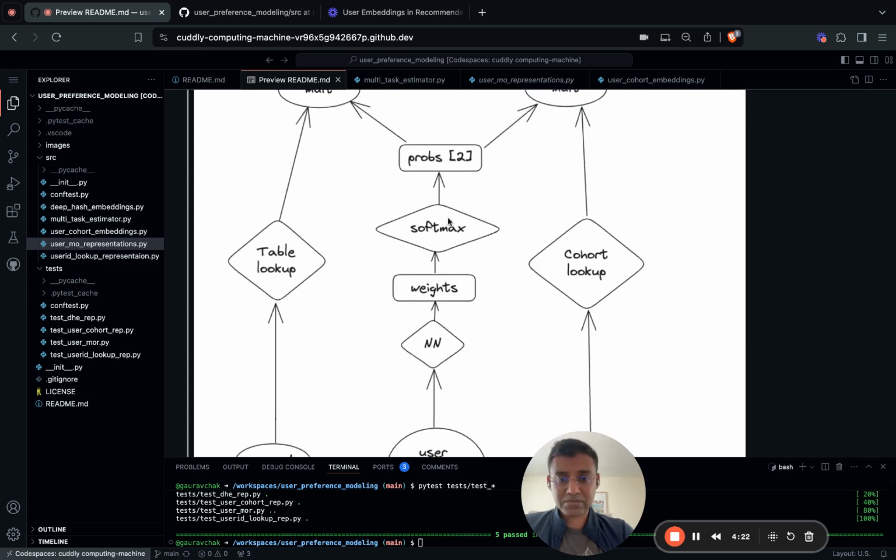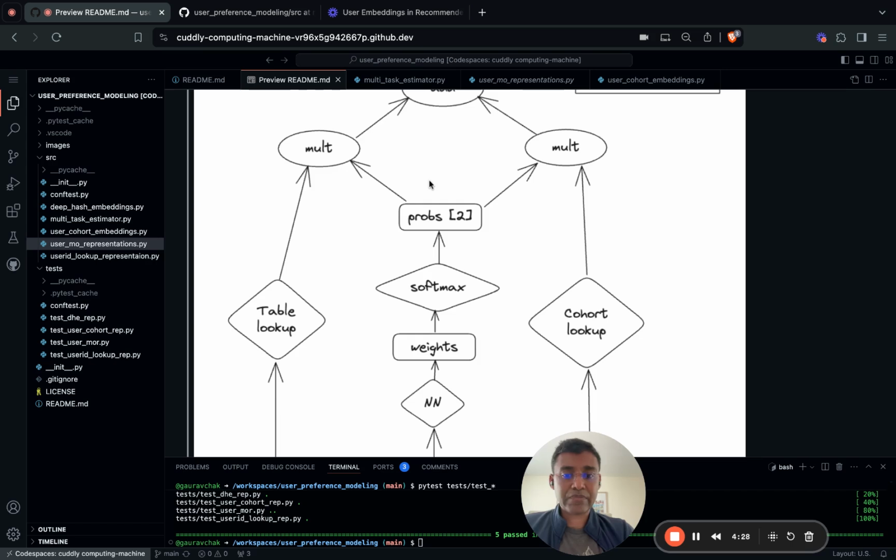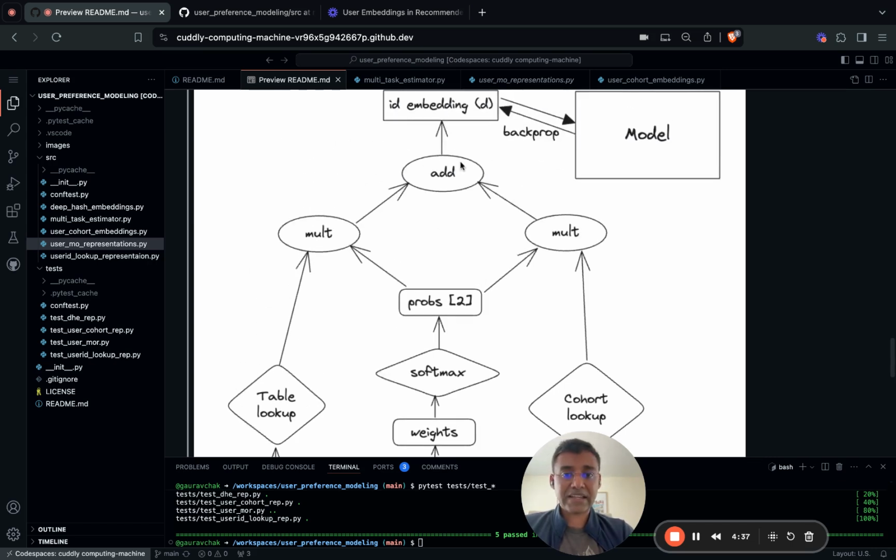Again, we pass them through softmax for those outputs to be between 0 and 1 and sum up to 1. That's just good hygiene here. And these weights multiply the output embeddings, and then we sum it up.